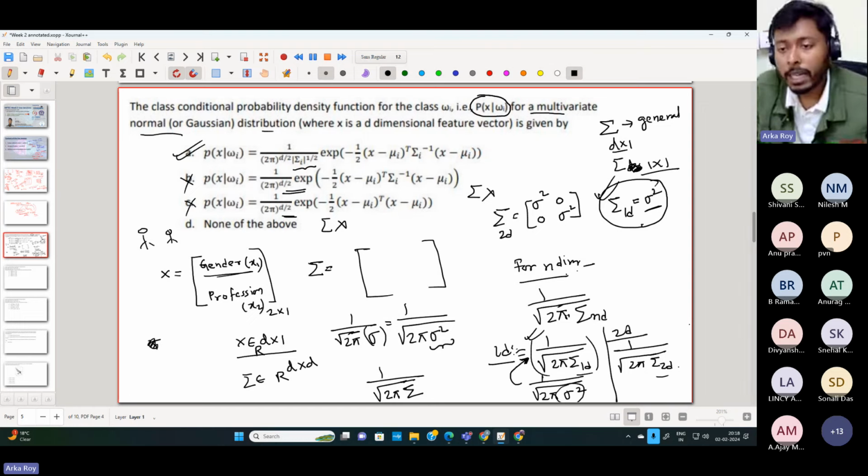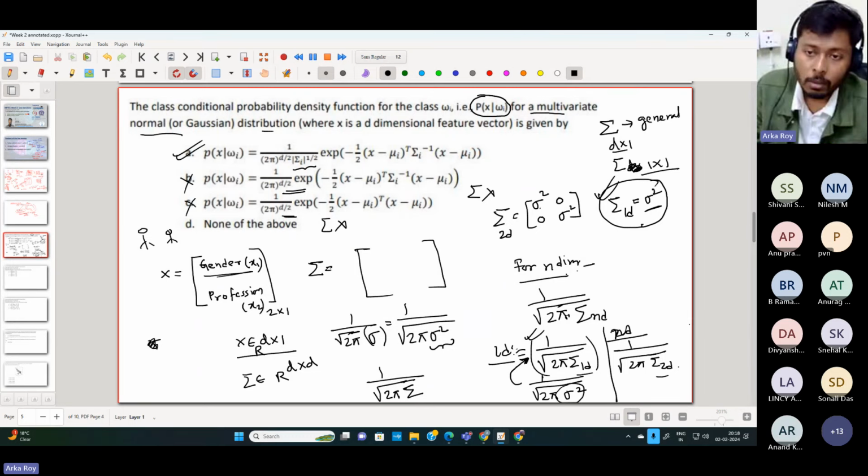When you deal with an ND case, let me give you a more generalized one: sigma 1 square, sigma 2 square, sigma 3 square, and sigma 4 square. Now you cannot get this simple value. You actually have to take the determinant of that, and then take the root.